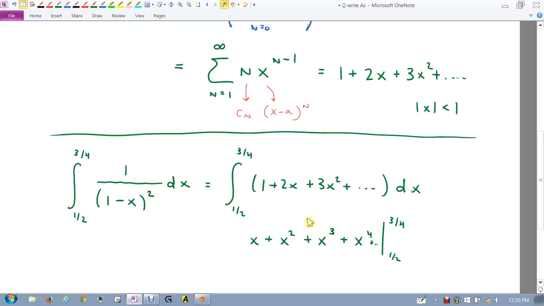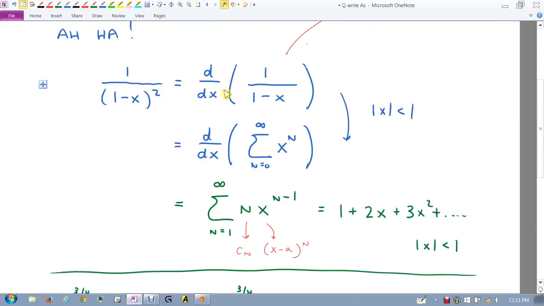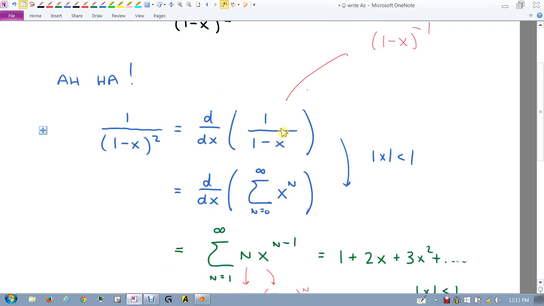So I'm showing you an alternate way of doing integrals, but it relies on the fact that you can come up with a power series for these. So you might be thinking, well, my functions have to look pretty good in order for me to do this, because I've got to be able to use this formula. I've got to be able to make it look like 1/1 minus x, or else I'm stuck.